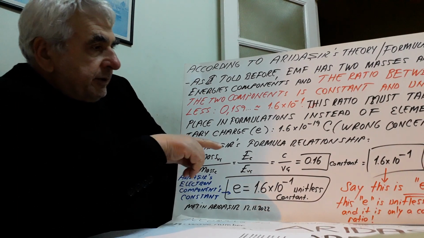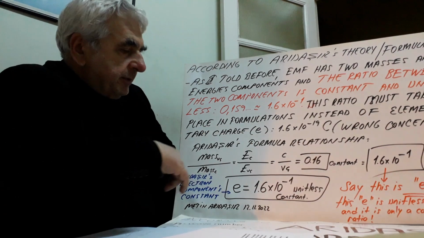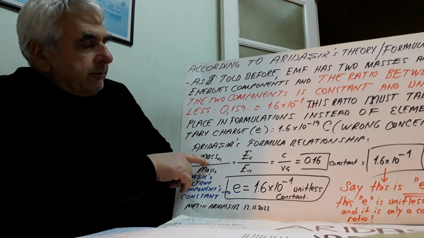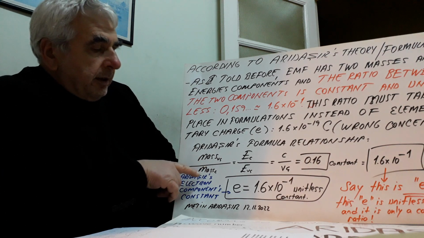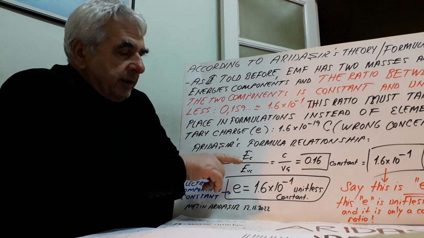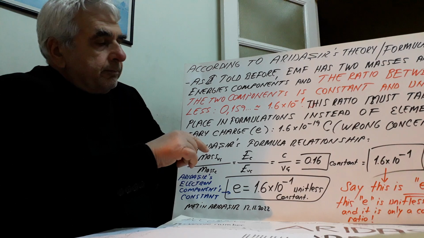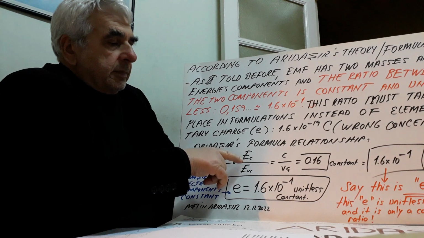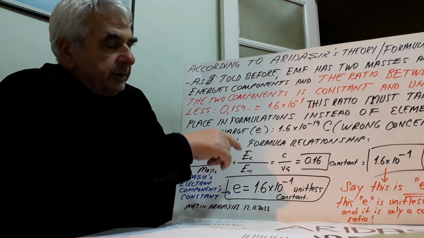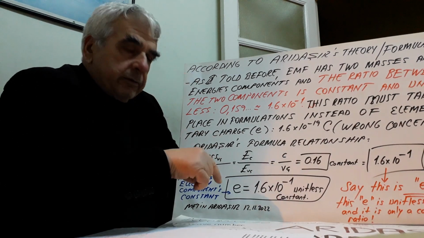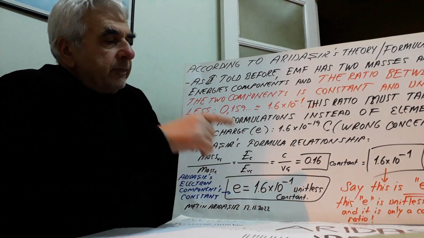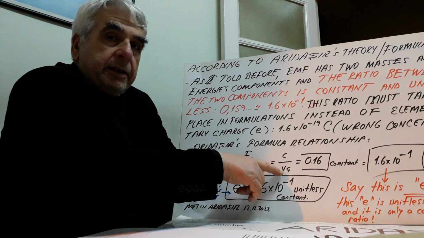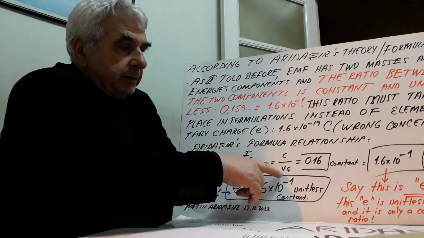My formula relationship here, ARIDAŞIR's formula relationship here. The linear velocity component mass divided by the speed of light direction mass component is equal to the speed of light direction energy component divided by the linear velocity component energy, which is equal to the speed of light divided by the linear velocity 1,884,000 km per second.